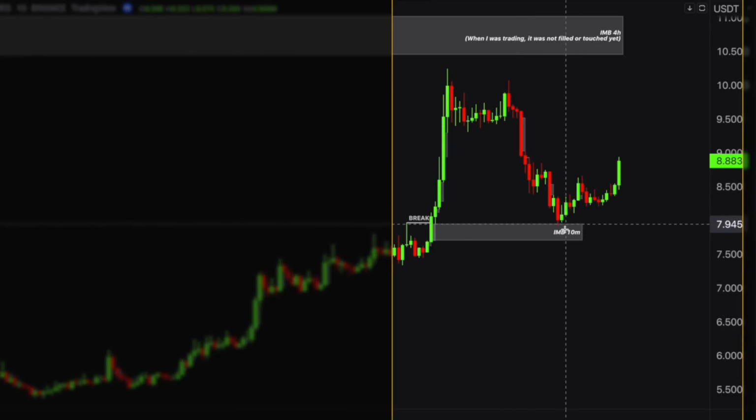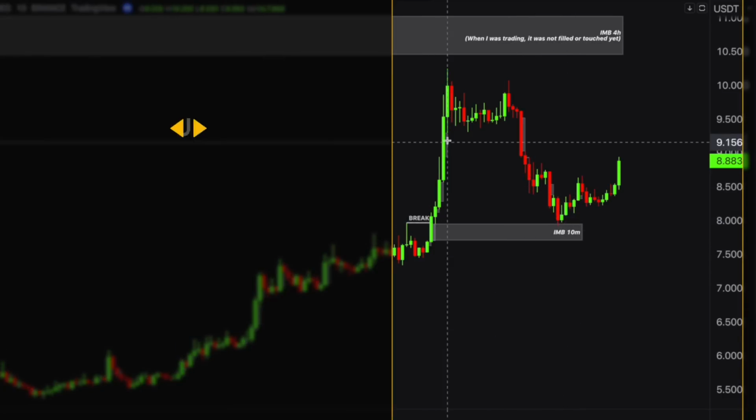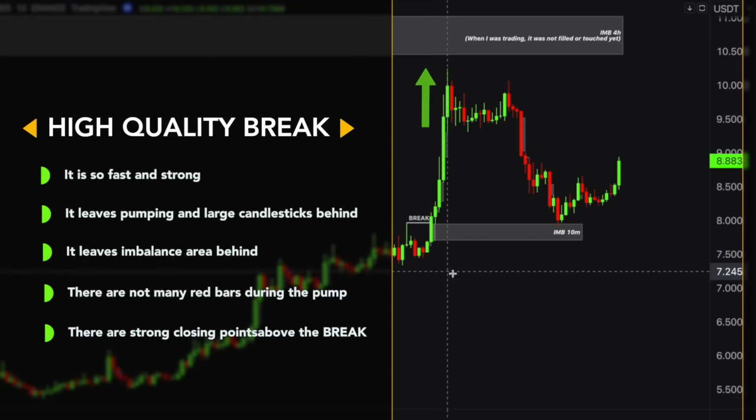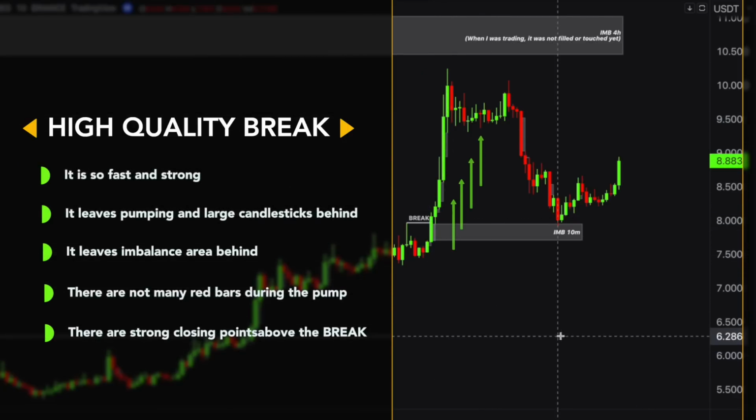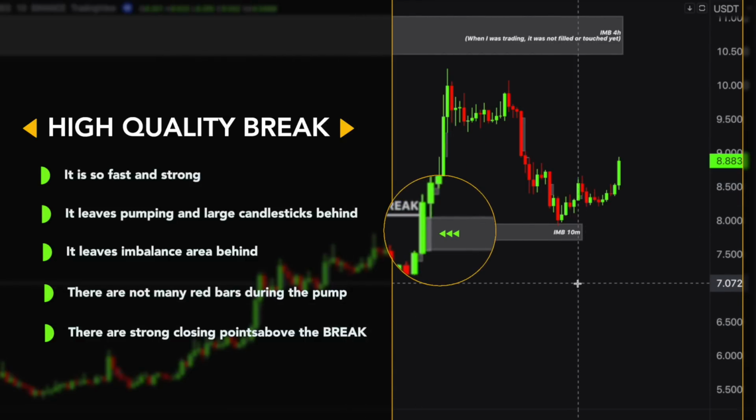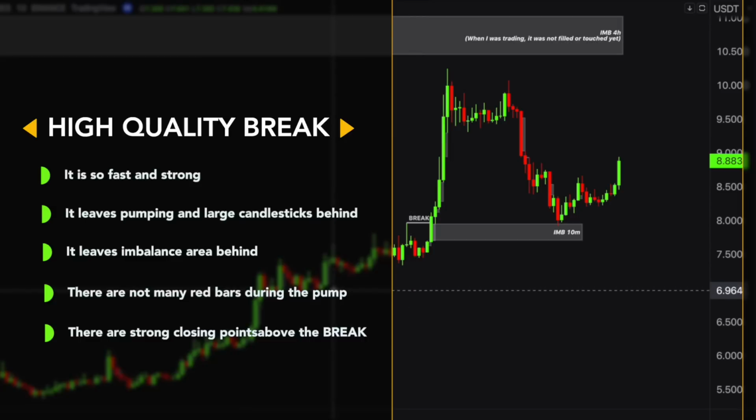First of all, the quality of this break was amazing. It is so fast and really strong. It leaves pumping and large candlesticks behind. It leaves an imbalanced area behind. There are not many red bars during the pump.